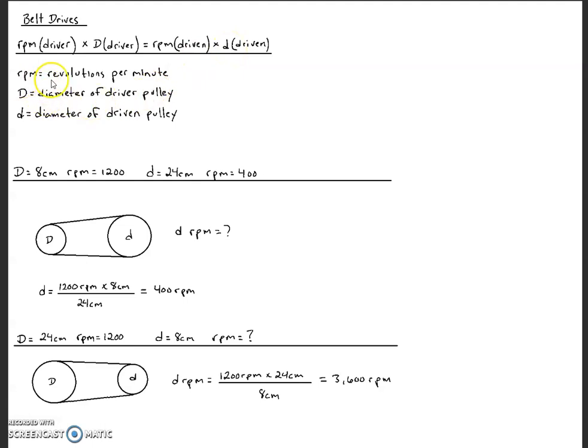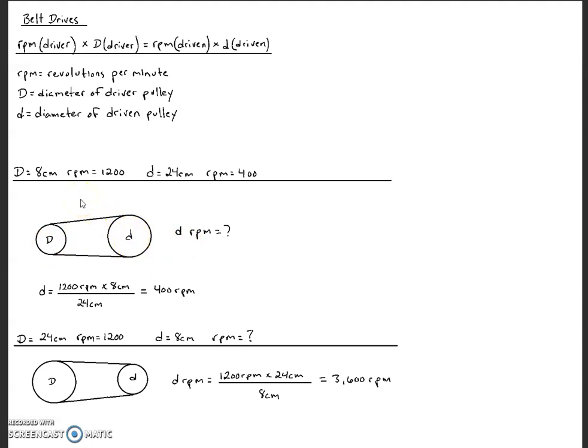So here we have RPM being revolutions per minute. D is the diameter of the driver pulley, and lowercase d is the diameter of the driven pulley. So again, for these calculations, I'm going to keep the driver pulley on the left here, and the one on the right will always be driven.